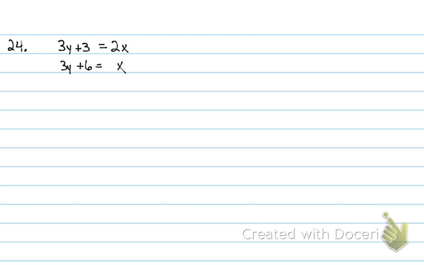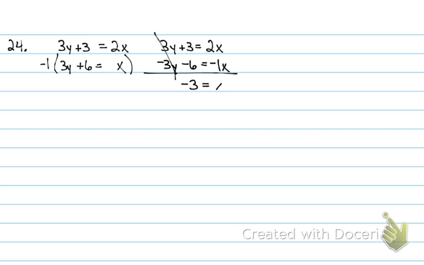Now on 24, you have a system, and when you're looking to do elimination, you're looking for opposites. Well, do you see any opposites here? No, your 3's are the same value, okay, but they're not opposites. What would I want to multiply the bottom 3 by to make it opposite? -1. The whole equation. So now it's -3y minus 6 equals -1x. Okay, now I can cancel them, and I get -3 equals x.